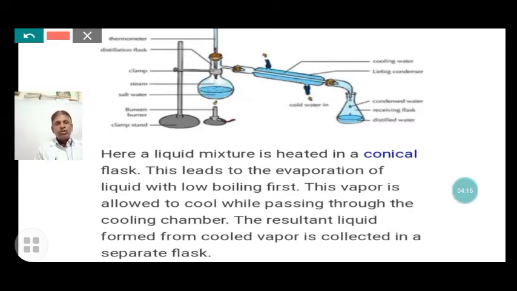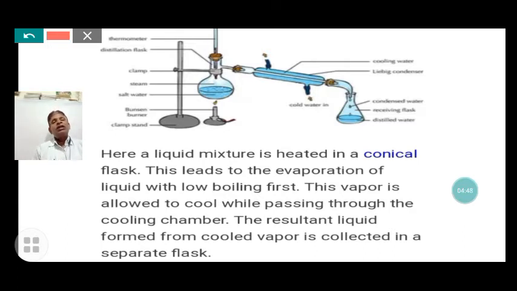It should be kept in mind that the difference in boiling points of the two components must be greater than 25 degrees Celsius, meaning there is a large difference between the boiling temperatures of the two miscible liquids, because if the boiling points of the components are very similar, then we use fractional distillation.